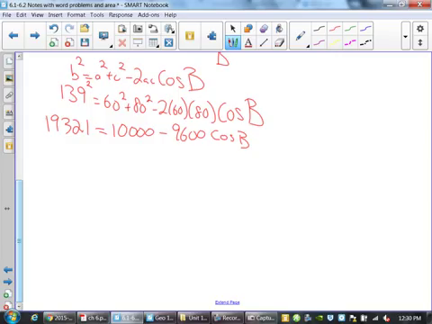So I hit trig, cosine inverse of my answer, and then hit enter. 166.15. Yep. Okay. So now I have this angle, which is angle B.